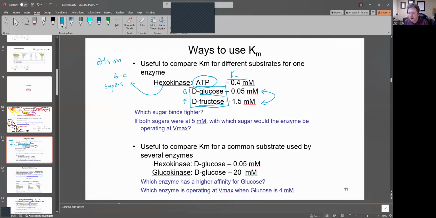So hexokinase, I'll take this and kind of synthesize a sentence. Hexokinase has a greater affinity for glucose than fructose.